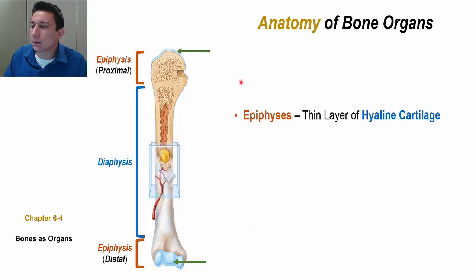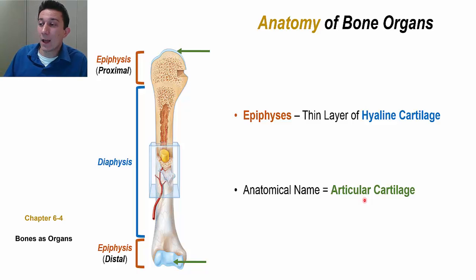At the epiphyses, because the epiphyses make a joint or a connection with another bone, the epiphyses are usually capped with a thin layer of cartilage that you see here, and this cartilage just happens to be hyaline cartilage. And we identified this back in the beginning of chapter 6. This is what's called the articular cartilage, simply because it's found in what are called the articulations, or the joints of this particular bone.